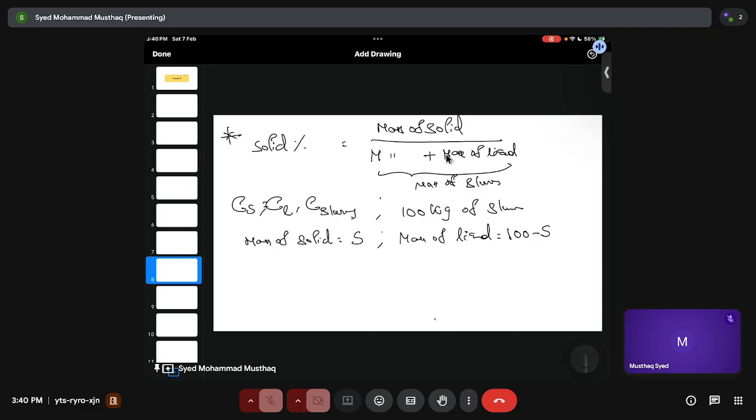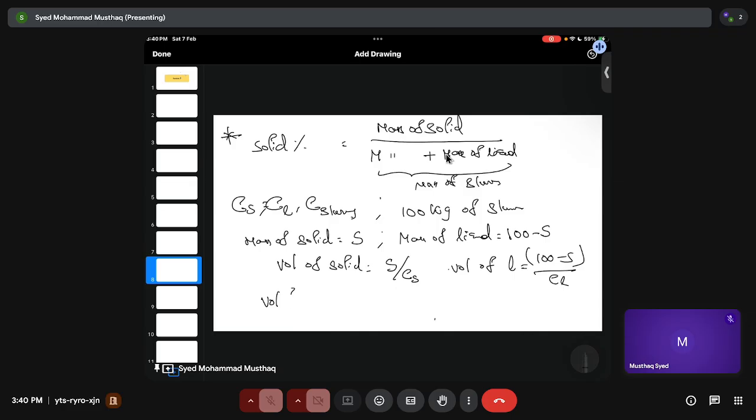Then what is the volume of solid? That will be equal to S upon rho S. Then the volume of liquid is 100 minus S upon rho L. Now what is the volume fraction?